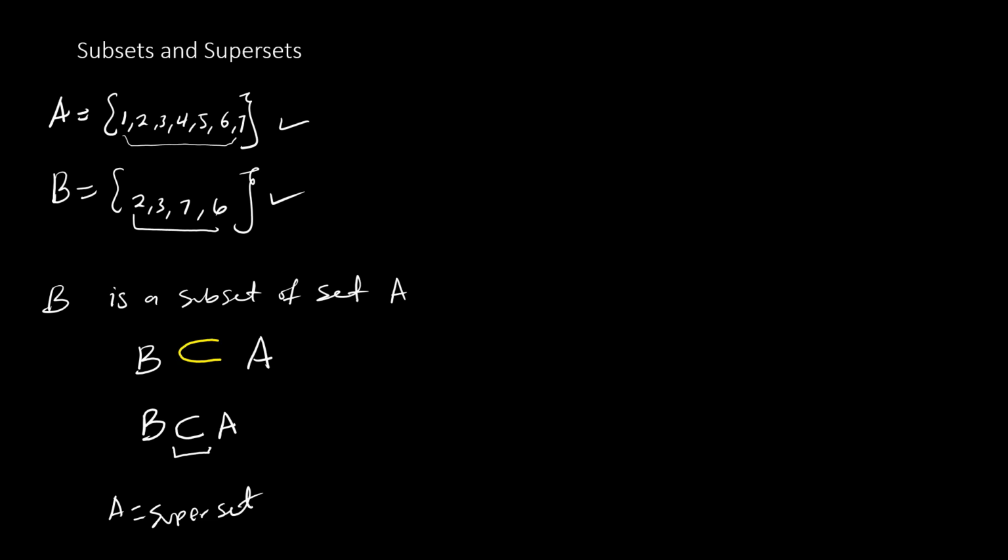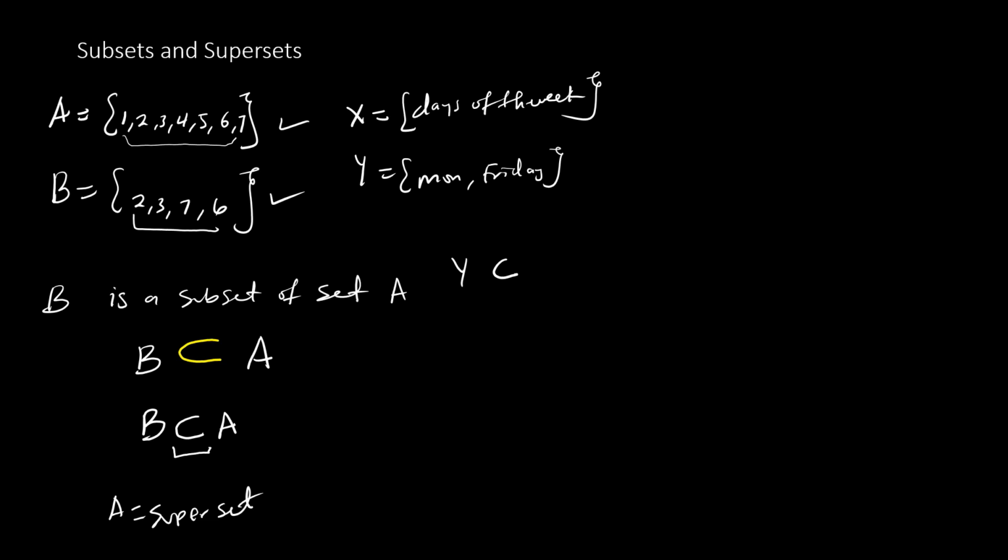For example, if you have set X to be equal to days of the week, and we have set Y to be equal to Monday and Friday, so we can say that set Y is a subset of set X, and set X is a superset of set Y. So how do we represent superset?